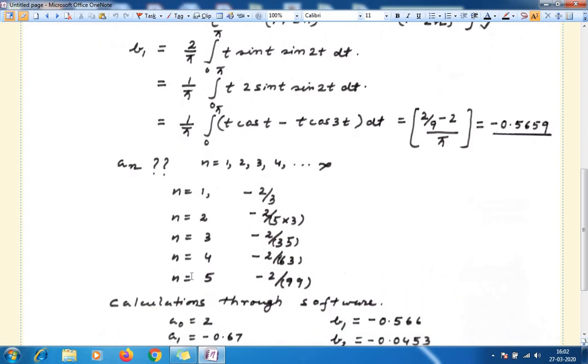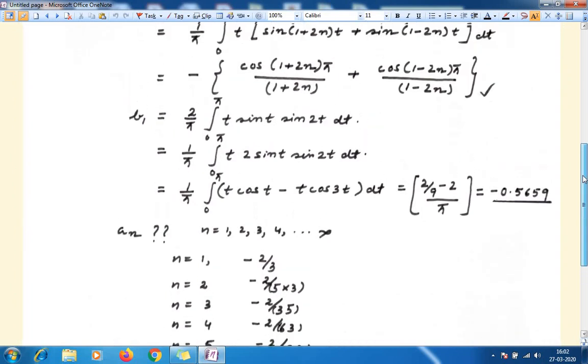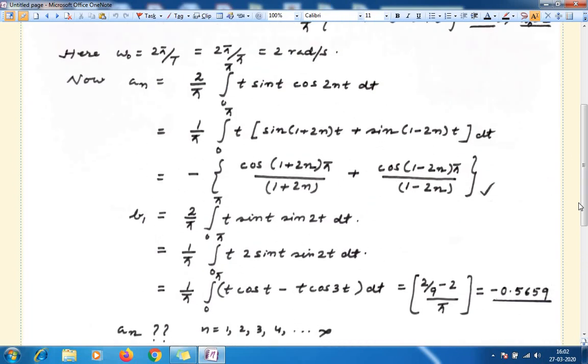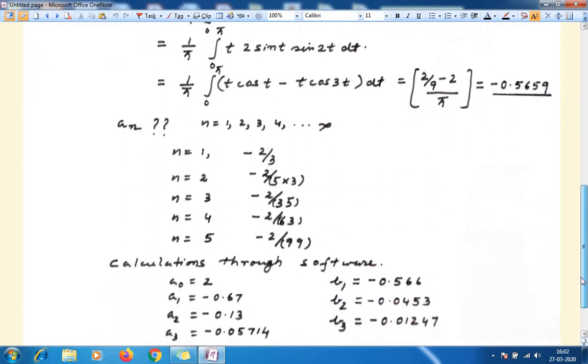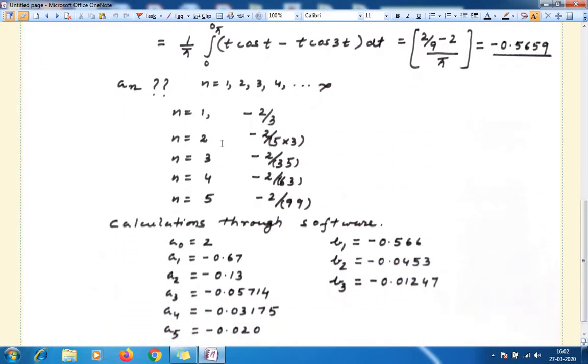Similarly, for n equal to 1, 2, 3, 4, 5, you can calculate the cosine terms using this expression. And interestingly, it is matching with the values obtained from the software, right?